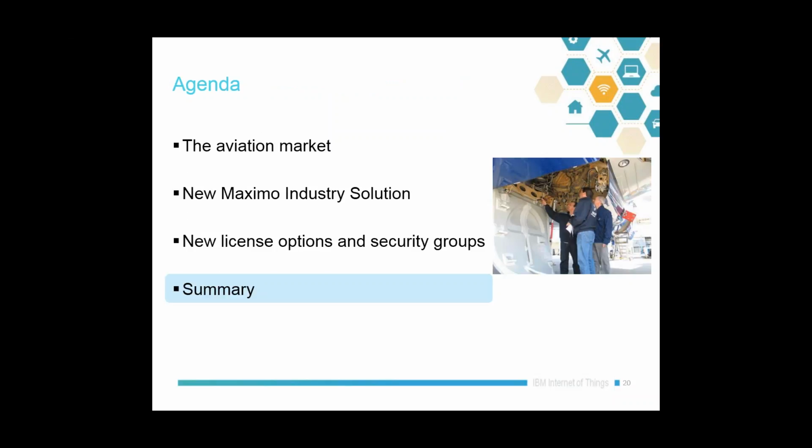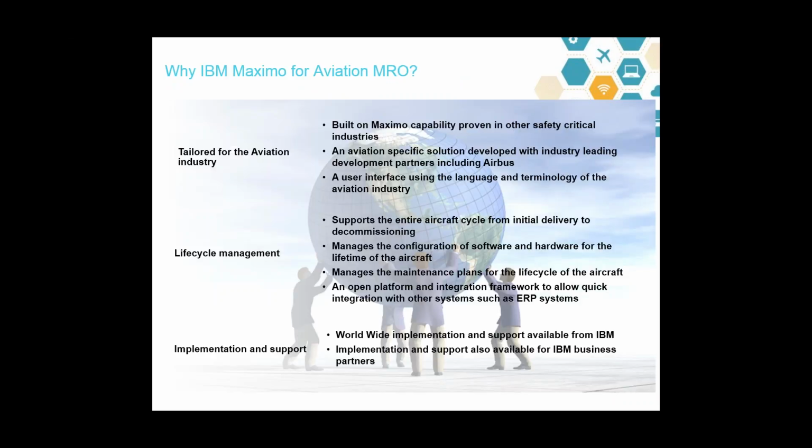So with that, that's our high-level summary. What we think is really exciting about this is it's building on a long history of Maximo success in a number of regulated environments with very complex assets, but now tailored for the aviation industry.